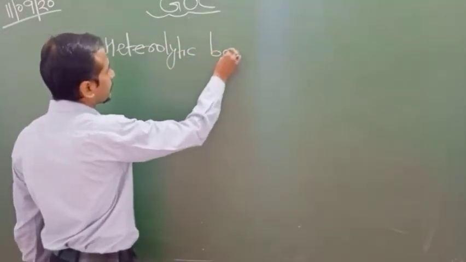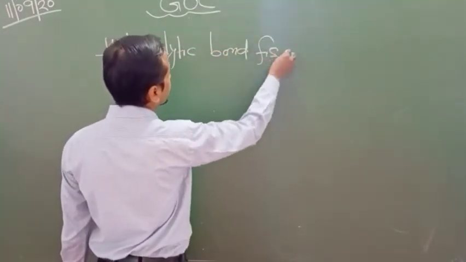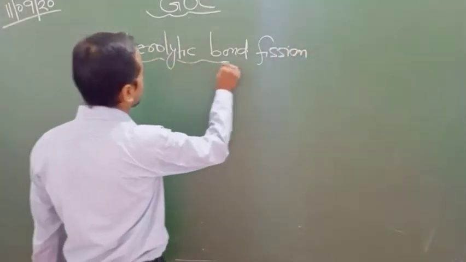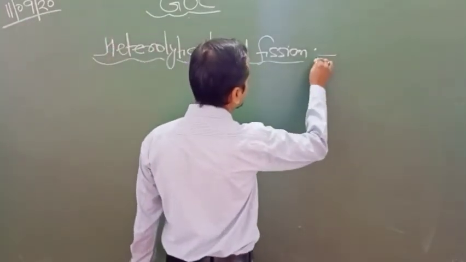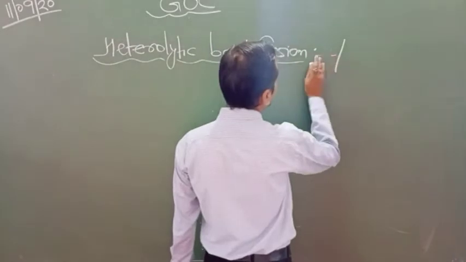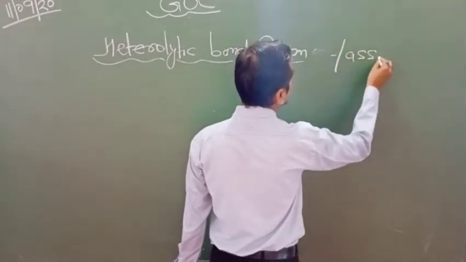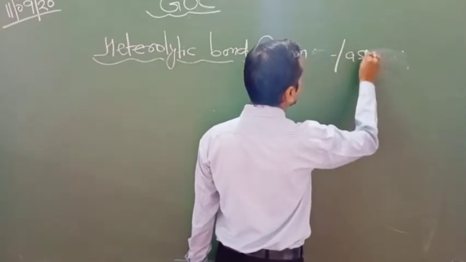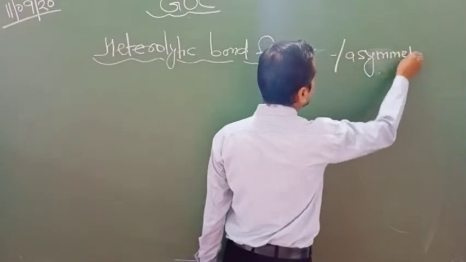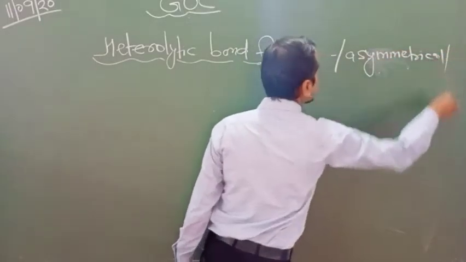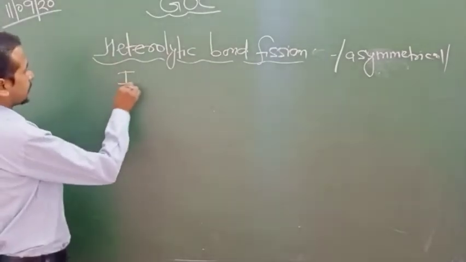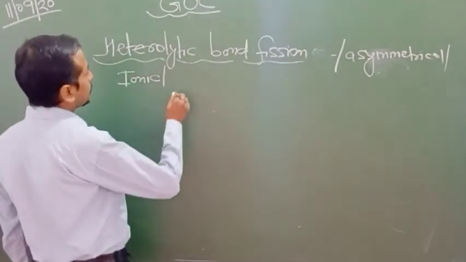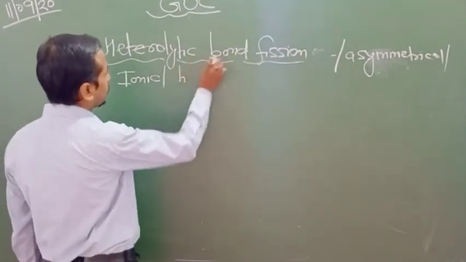Heterolytic bond fission in a covalent bond of an organic compound. This is also known as asymmetrical bond fission, or also known as ionic bond fission, or also known as heterolysis.